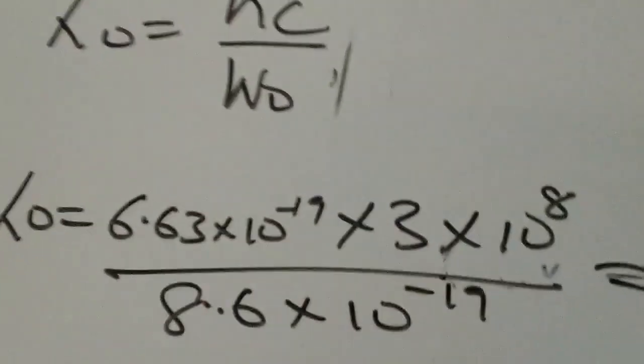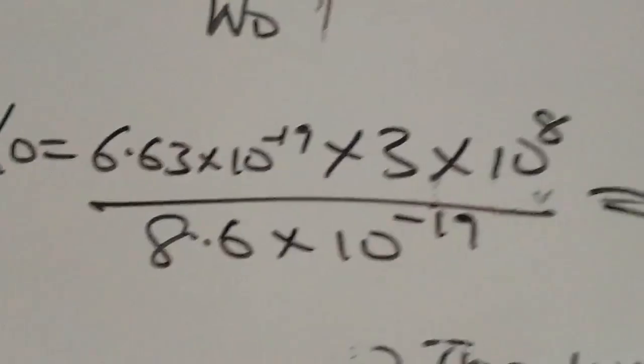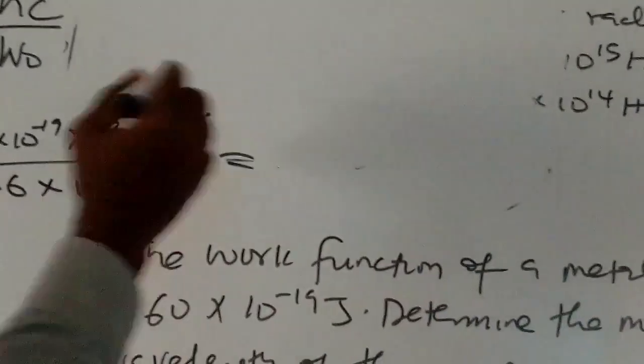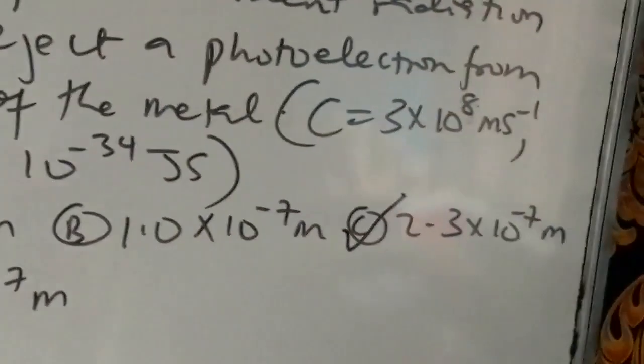When we solve this, we get our threshold wavelength: 2.3 × 10^-7 meters. Option C is the right answer. So you can go through our work and understand from the beginning how it is done.